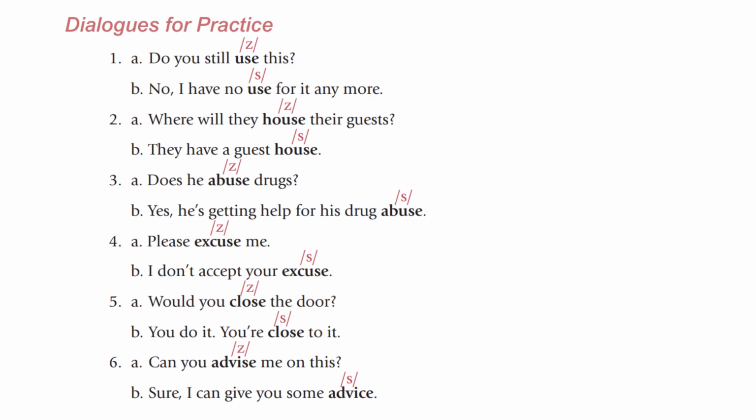Yes, he's getting help for his drug abuse. Please excuse me. I don't accept your excuse. Would you close the door? You do it. You're close to it. Can you advise me on this? Sure, I can give you some advice.